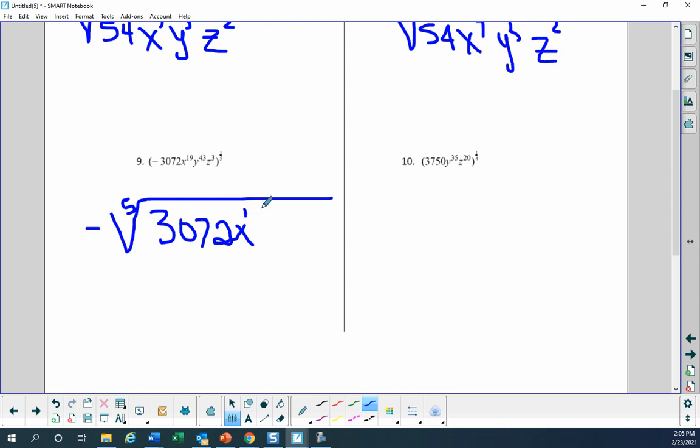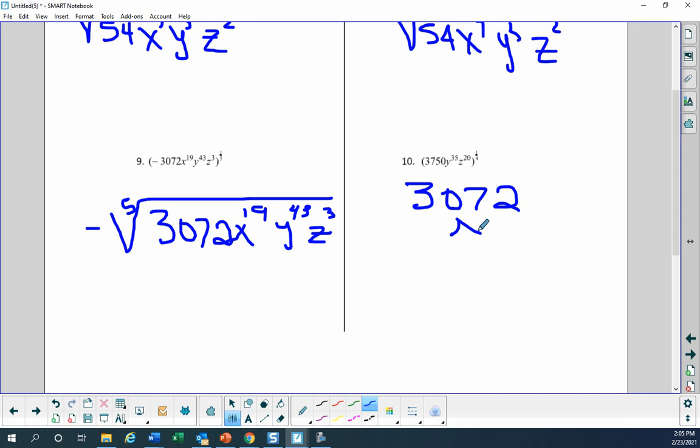X to the power of 19, y to the power of 43, and z cubed. So there's nothing we can do with the z cubed, but the 3072, so I'm going to write it here so that I can factor it out. Might be a little bit longer, right? Because it's a big number.